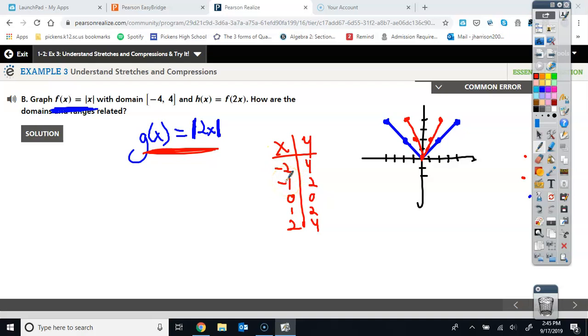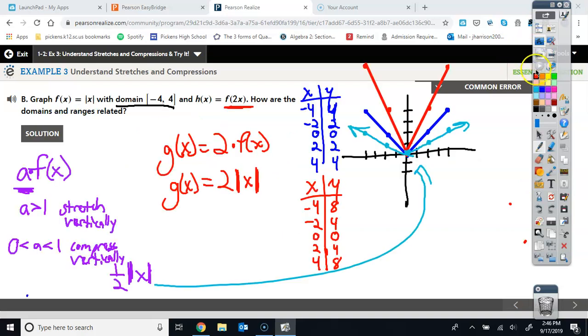So what happens is that we call this a horizontal compression. What it looks like essentially, though, is like the vertical stretch that we did. It looks like it has made the graph skinnier, like the vertical stretch that we looked at back here.